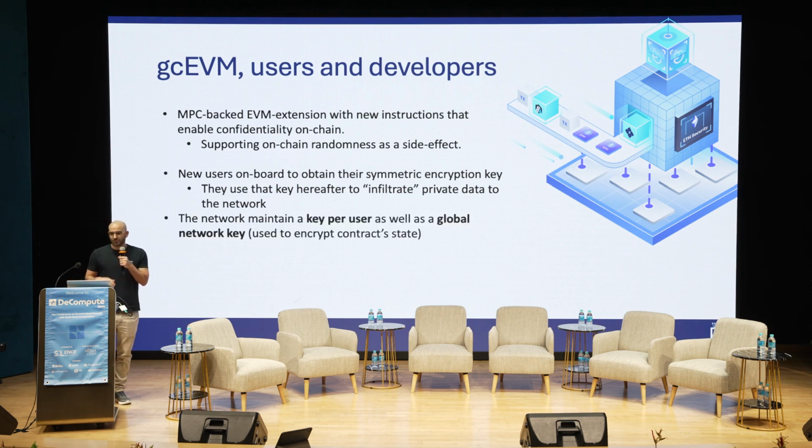So, as I mentioned, the MPC nodes will store secret shares of the keys for each user. So, if I'm an MPC node, I will have a key share for each user, as well as another key share for the network, which we call a global network key.